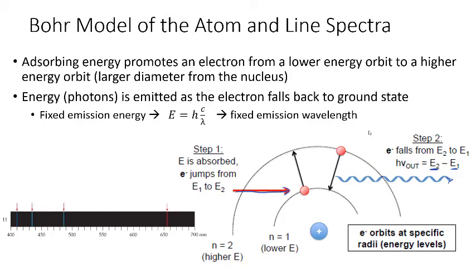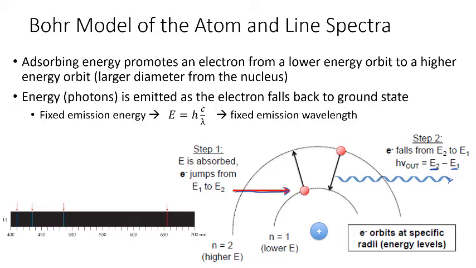Absorbing energy promotes an electron from a lower energy orbit to a higher energy orbit, so a larger diameter from the nucleus. And these photons are emitted as an electron falls back to the ground state. So there's a fixed emission energy, E is equal to hc over lambda, for that transition.